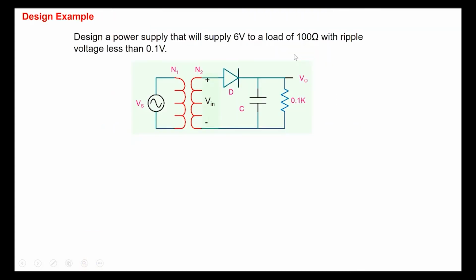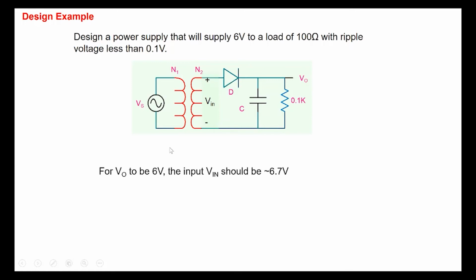All right, so let's look at a very quick example. Suppose somebody asks us to design a power supply that will supply 6 volt output to a load of 100 ohms, 0.1K, with a ripple voltage less than 0.1 volt. Designing the power supply basically means we have to figure out what kind of transformer, what kind of diode, and what kind of capacitor we should use.